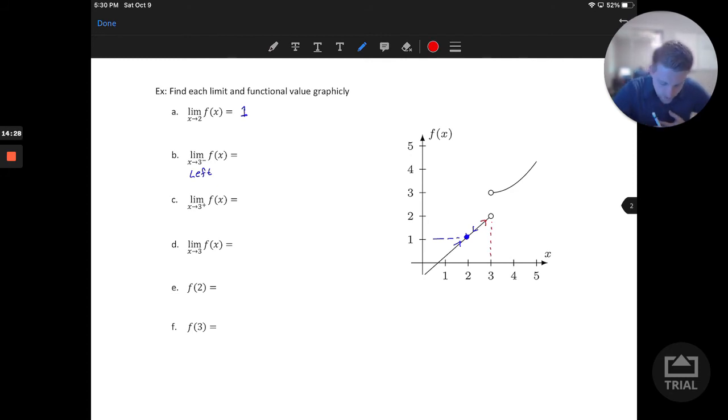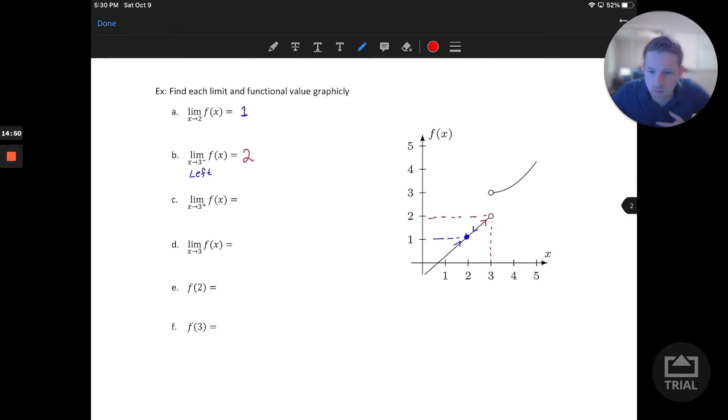And that happens to be here the height of 2. So in red, we see that as we approach 3 from the left side of our graph, we're approaching the value of 2. It's an open circle, but we don't care if it's actually defined. We just want to know where we are approaching, and that would be the value 2.